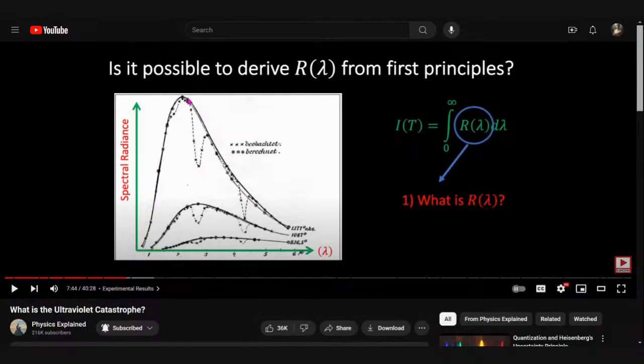Some atoms are going to be shaking at this rate. There's more of them vibrating at this rate. This is the maximum. At this maximum vibration, there is this many. And at very low vibration, very low frequency, there's very few.